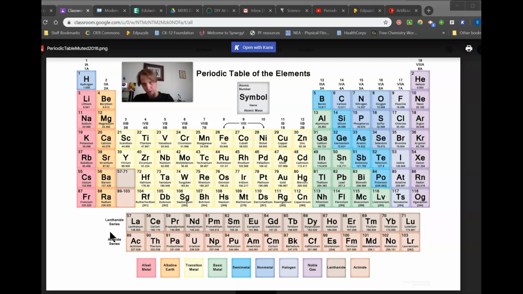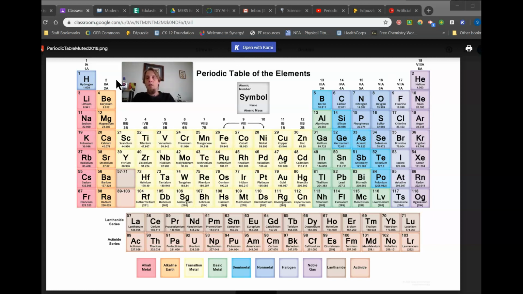I don't care about these two, but I guess if we're learning all these others, you might as well learn those two as well. But the biggest thing you want to know is all these over here are metals, all these over here are non-metals, and we'll continue to refer to that general category as we continue learning about the periodic table.